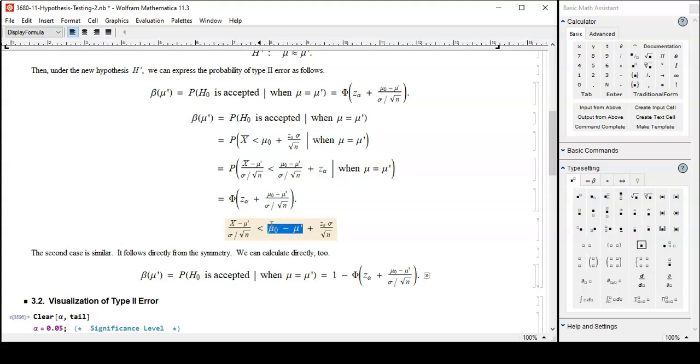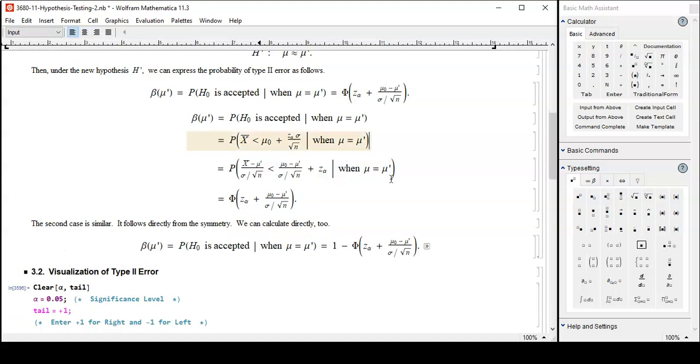Consequently, everything goes out, and this is that. So from here, I just algebraically manipulated and got this. So this expression and that expression are the same, so same probability, of course. And that's why the second line and third line are the same.